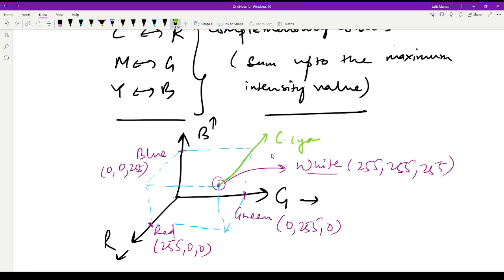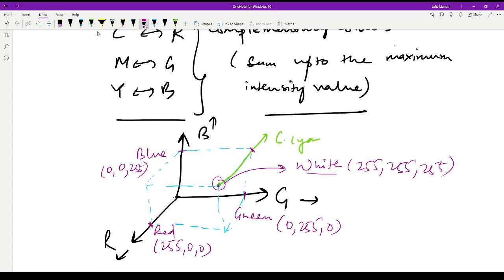Cyan. And the maximum intensity value for cyan will be, of course, in the corner of this cuboid, which will be given in RGB space. It will be 0, 255, 255, right? In RGB space.